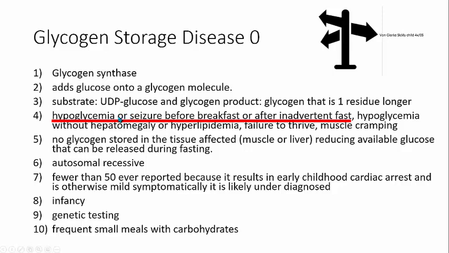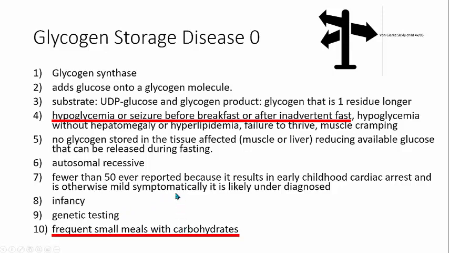For glycogen storage disease 0, this disease is extremely rare. There have only been 50 reported cases, and these children tend to have seizures before breakfast or after an inadvertently long time between meals. These children may be treated with small, frequent meals to keep the symptoms down.